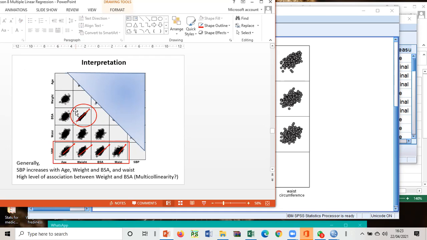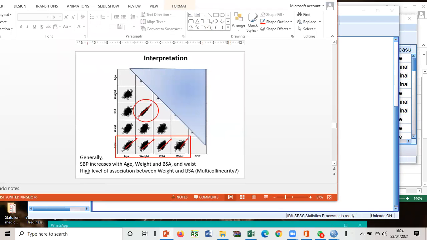Very highly correlated, right? BSA and weight. We may have a problem because these two independent variables are highly correlated. We can't quantify yet, but roughly we know this may be a problem.